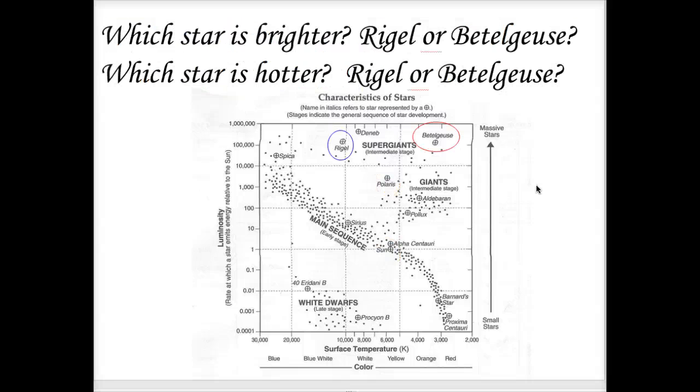And finally, one more question. Which star is brighter, Rigel or Betelgeuse, and which star is hotter? So we're looking at two stars here, and they both line up pretty well in terms of how high they are on our scale, but clearly Rigel is further to the left than Betelgeuse.